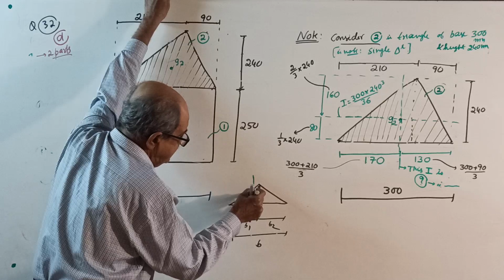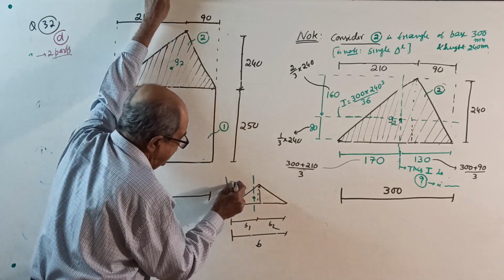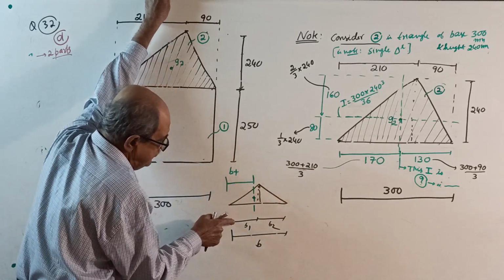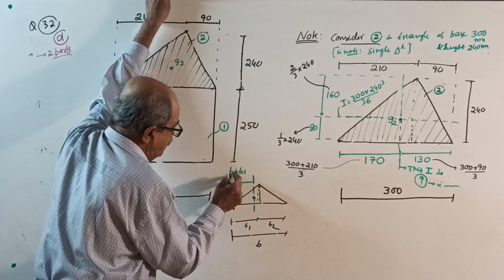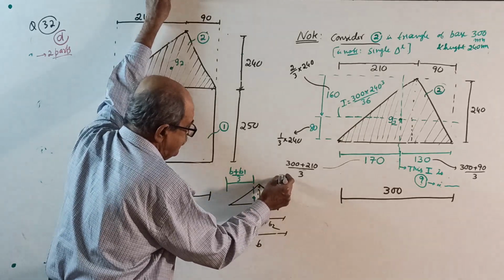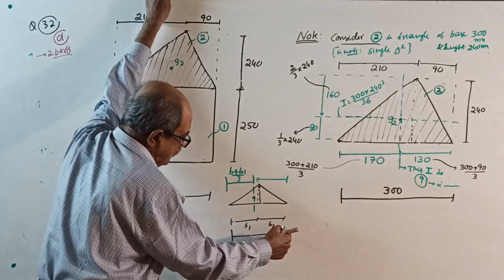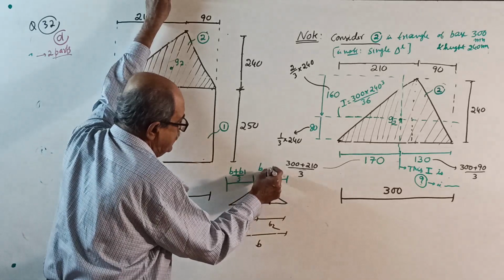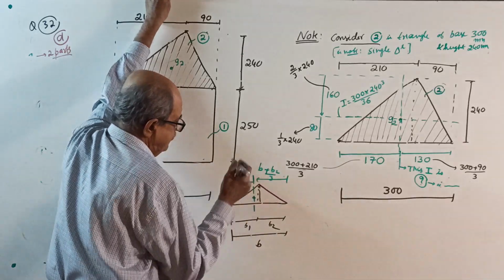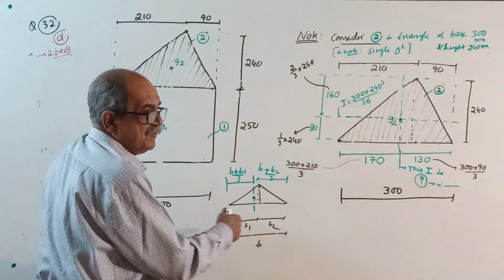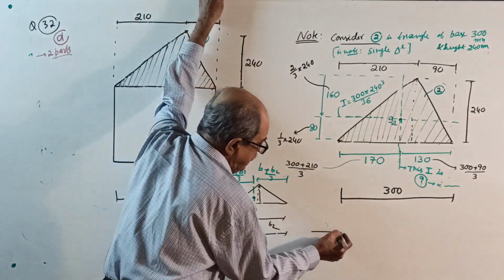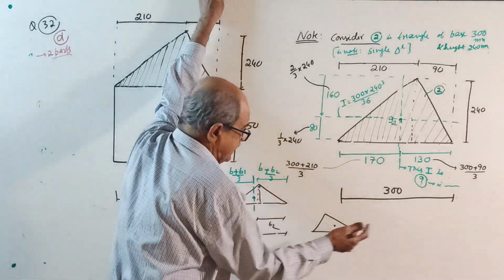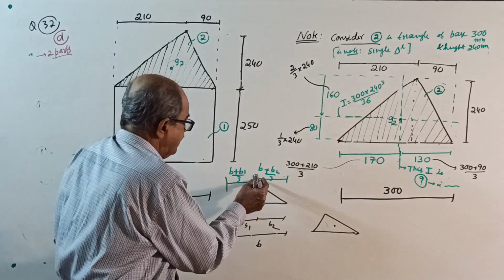Then the distance of the centroid from here will be the full base B plus this cut distance B1 by 3. If you want it from here, it is the full base B plus this cut distance B2 divided by 3. The centroid comes here if B1 is more than B2. If B2 is more than B1, it will come on this side. But this formula will remain the same.